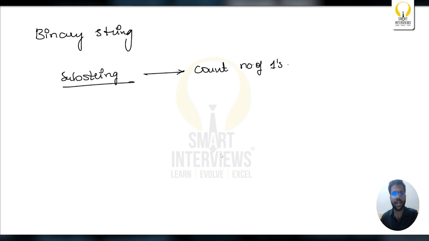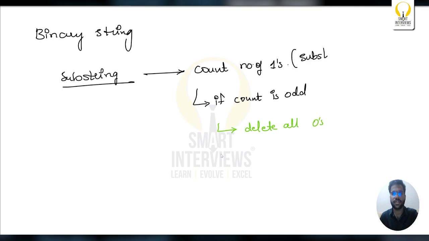Now, depending on the count of ones, if the count is odd, you need to delete all zeros. Let me represent it like this. Let's say this is the substring. You need to count the number of ones in the substring. If the count is odd, you need to delete all zeros in the substring.